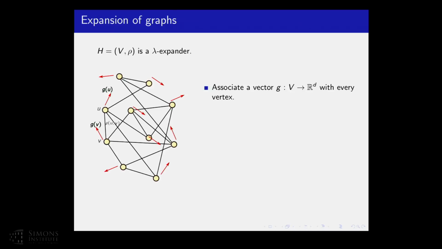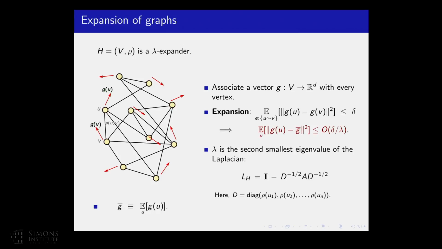The way we look at it is, if H is a lambda expander, and we associate a vector with every vertex, which could be an arbitrary vector, such that the squared distance between the endpoints of an edge in the graph, on average, is bounded by delta, then all the vectors are close to their mean by a factor delta over lambda. This is nothing but the definition of the second smallest eigenvalue of the Laplacian of this graph. So again, if the edges are close under this vector assignment, then all the vectors are close to their mean.